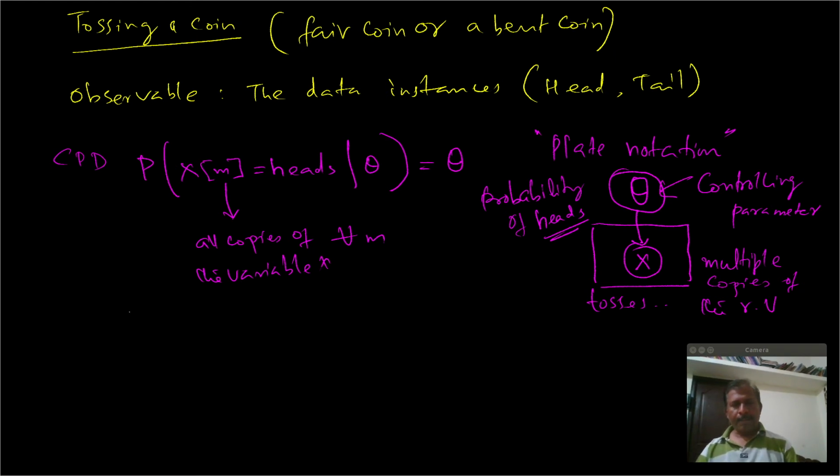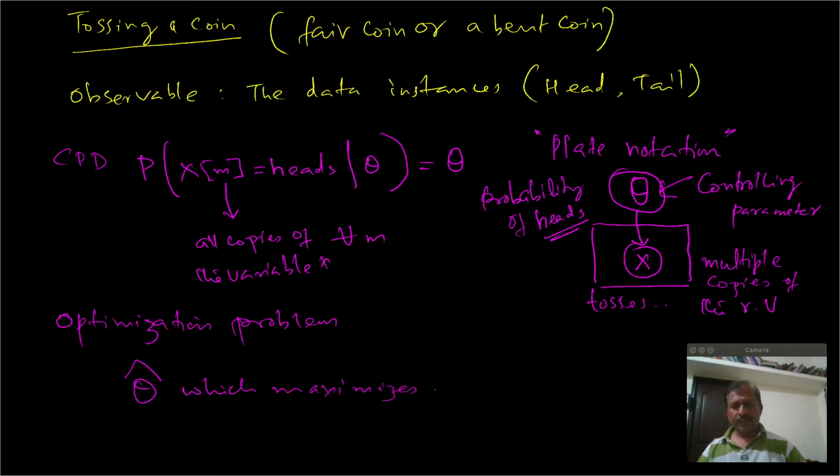So what we are interested in is that we can look at this problem as an optimization problem. We are looking for a theta hat which maximizes the chance of getting the sequences that I have given as examples, right?